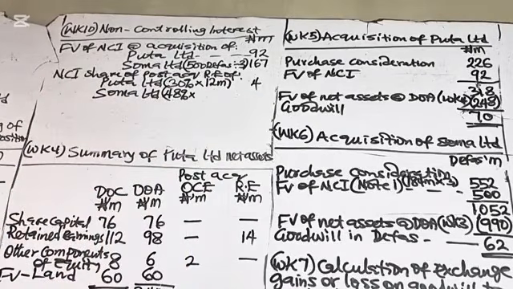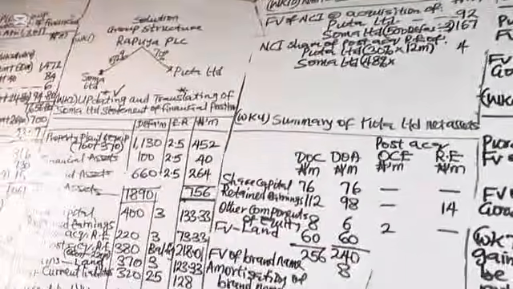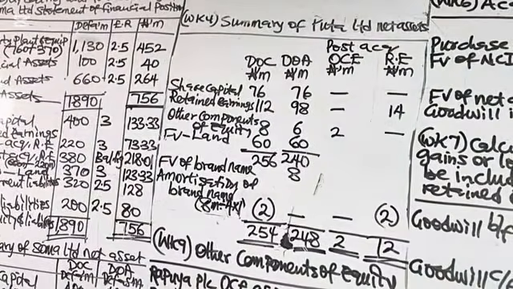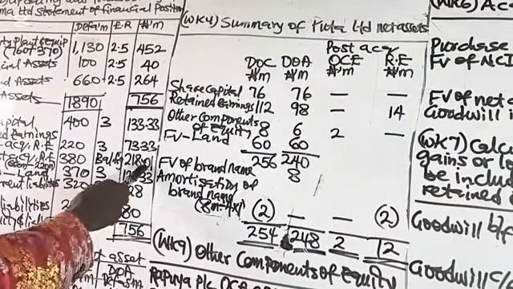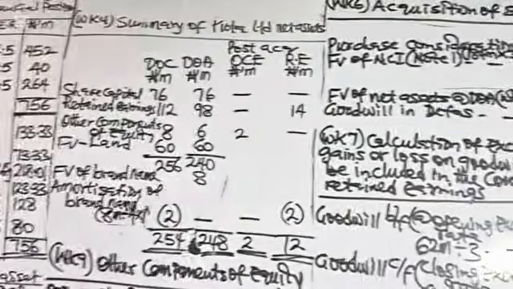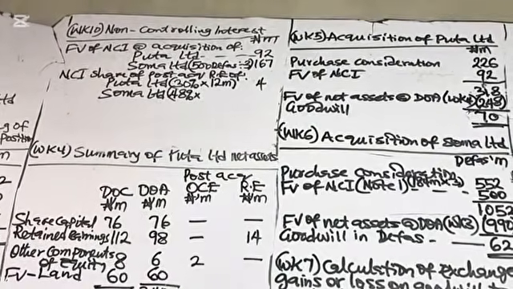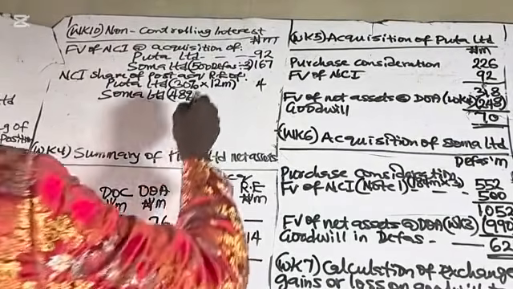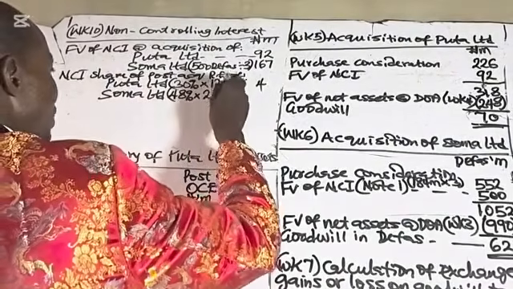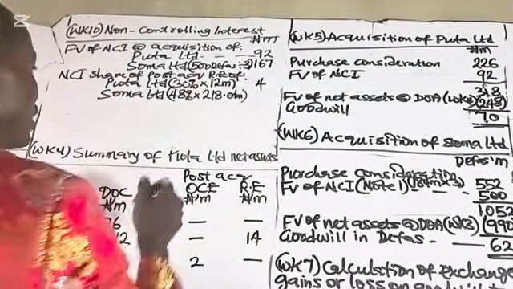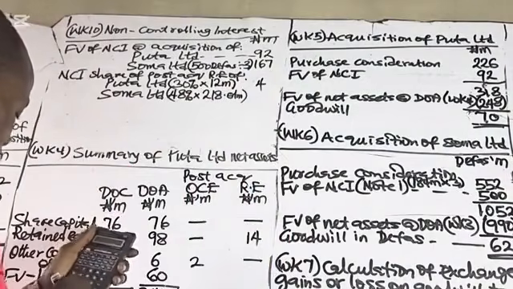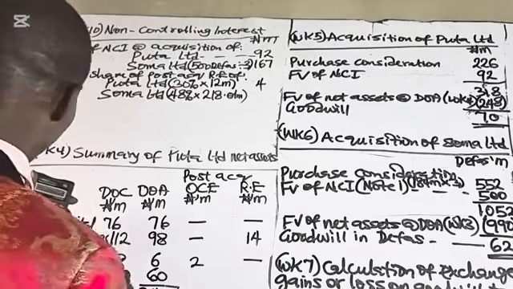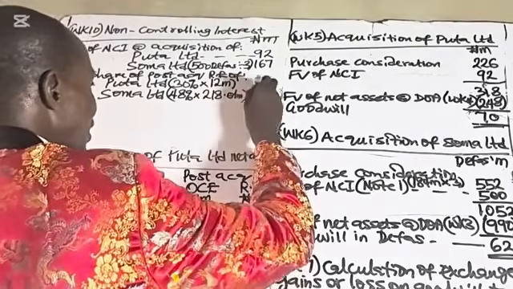Now, from working number 2, where we have updating and translating of Soma Limited net asset, we have post-acquisition retained earnings of 218.01 million. 48% of that, there you have 105 million.